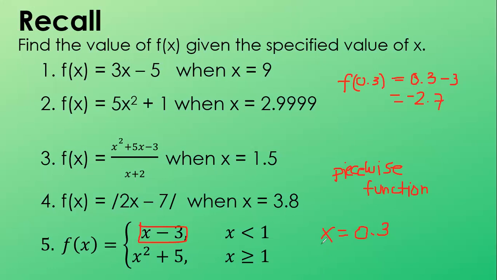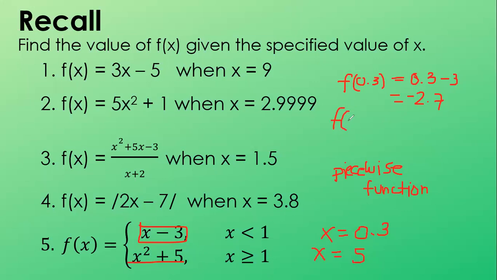Okay, so next, what if the given value is x is equal to 5? Since this falls under the second expression, 5 is greater than 1, we will use x squared plus 5.